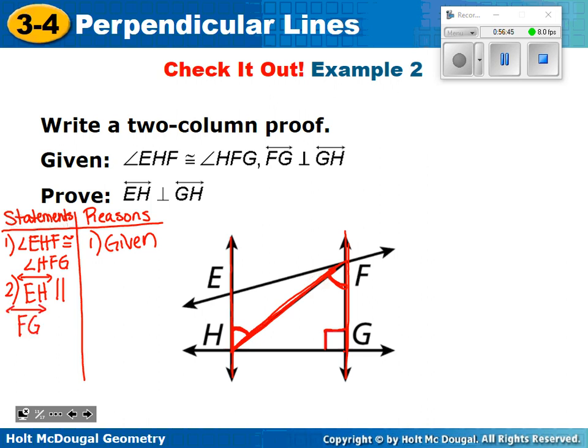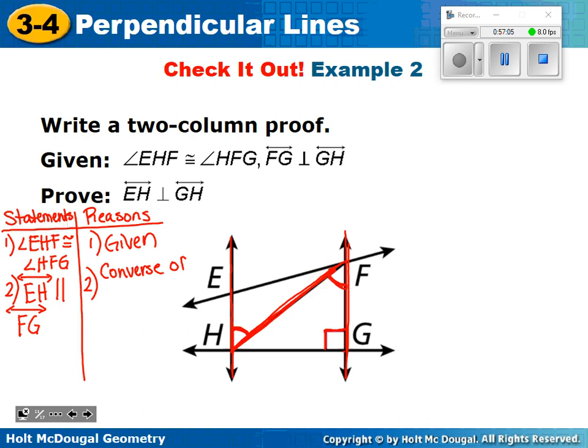Make sure you put a line with arrows above it. And what told us that? Okay, we're stating lines parallel, so it either has to be one of the 5 converses or it had to be the last way we learned today.